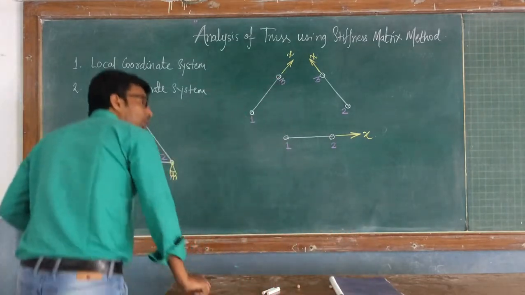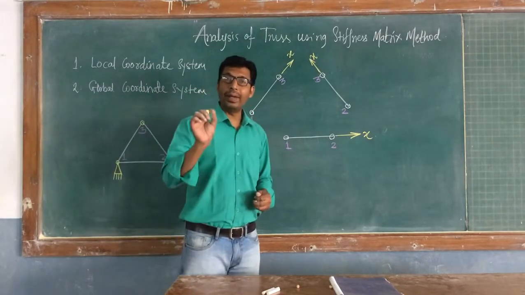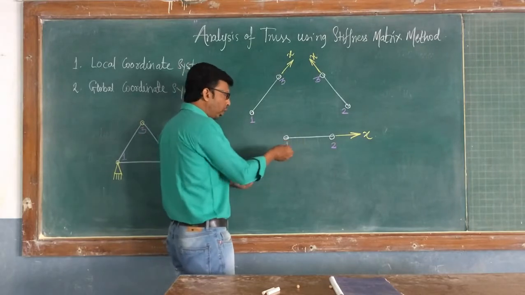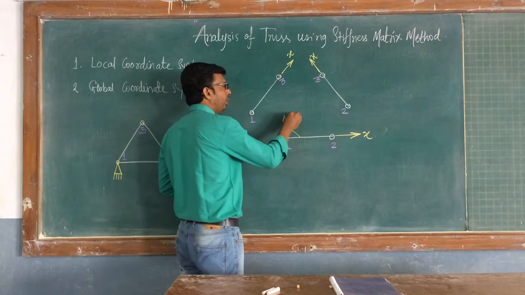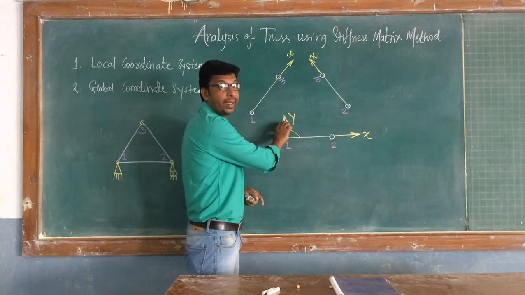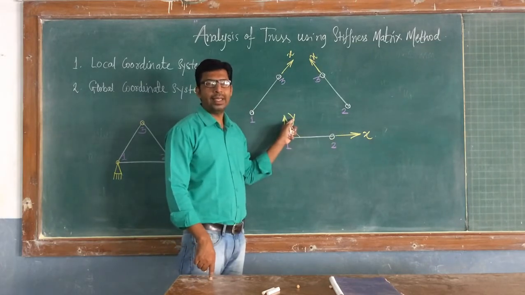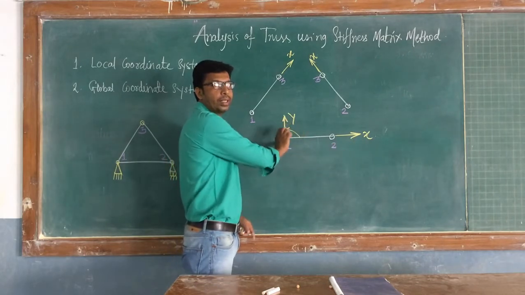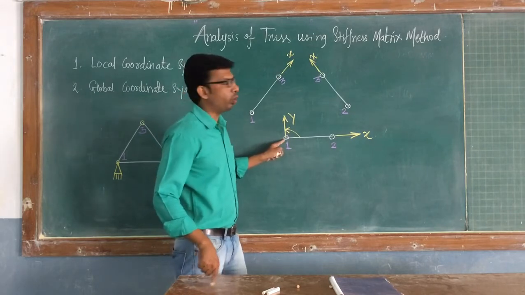And now how is the y-axis assumed? Y-axis is perpendicular to the x-axis in anti-clockwise sense. So anti-clockwise means like this. Rotate in anti-clockwise sense by 90 degrees, and that is y. This is with respect to the first node, that is, the left node.